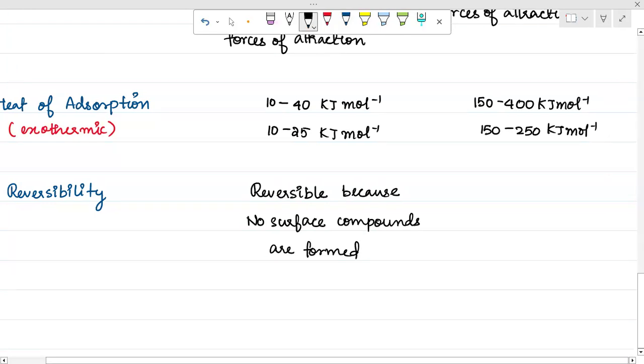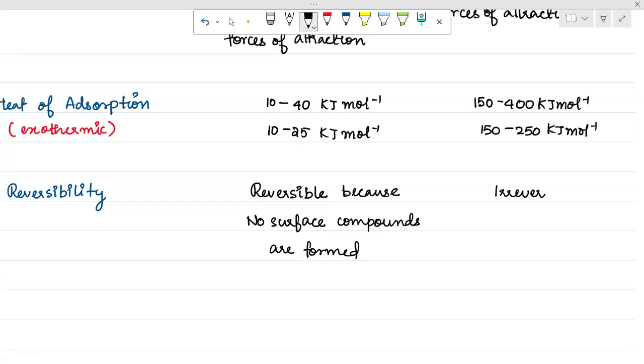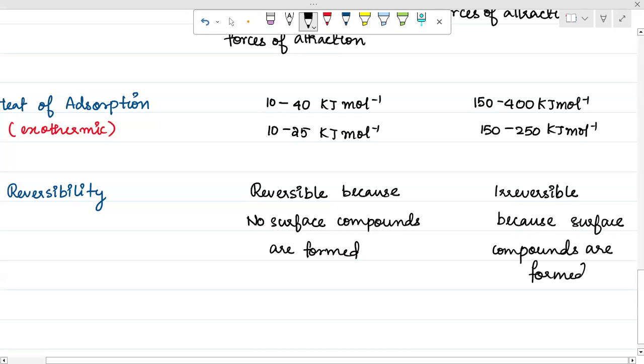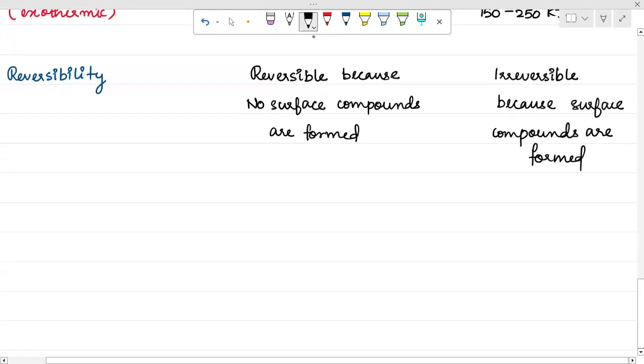While chemisorption is irreversible. Why is this irreversible? That is because surface compounds are formed. What do you mean by surface compounds?